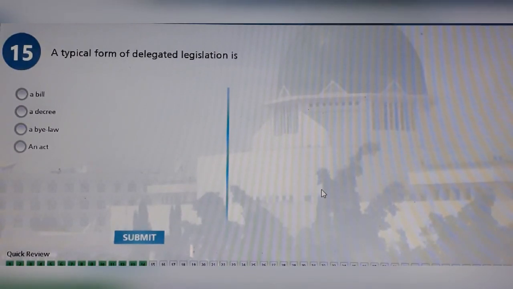Delegated legislation is when power is passed down to be enforced. Of course, we know for a bylaw, power is passed down to the local governments to enforce it. So it will be option C, a bylaw. A decree, a bill, and an act are not forms of delegated legislation.